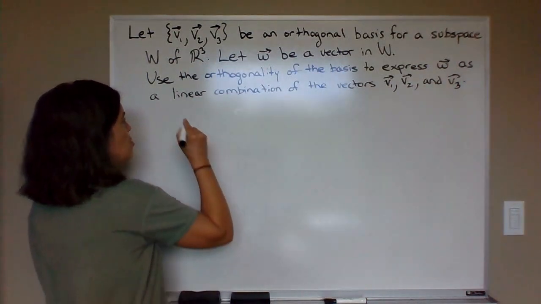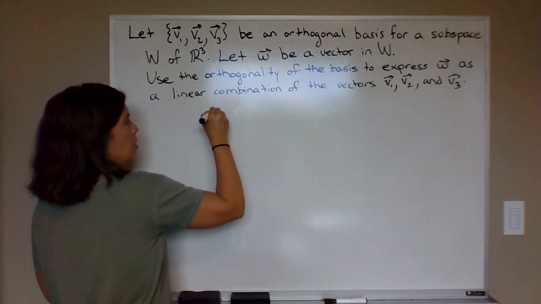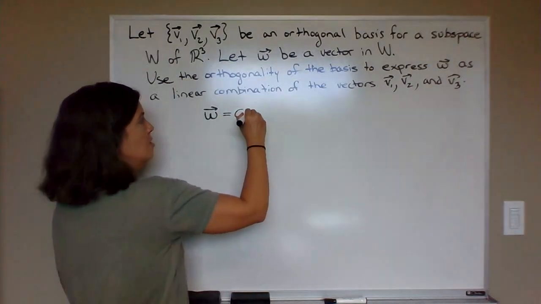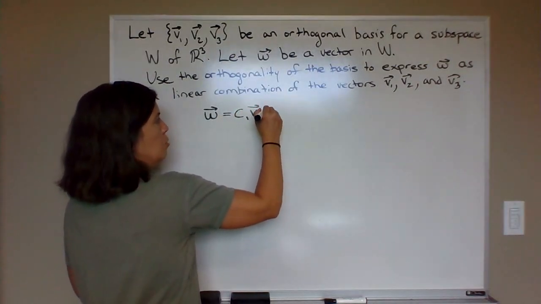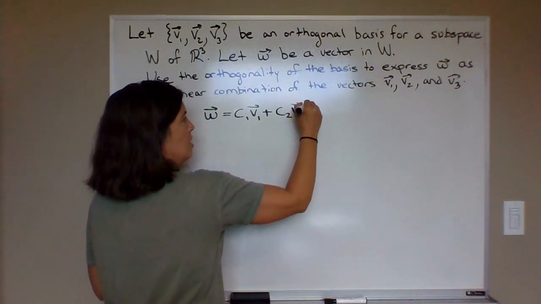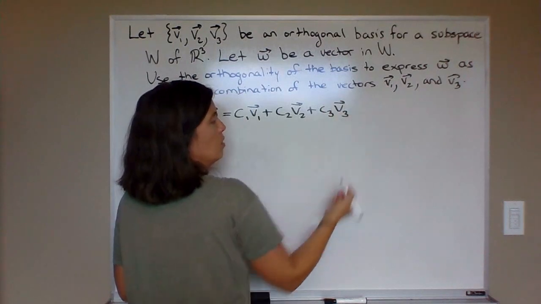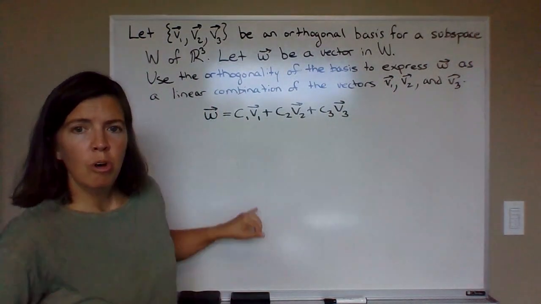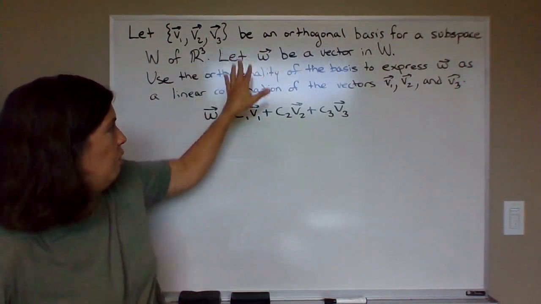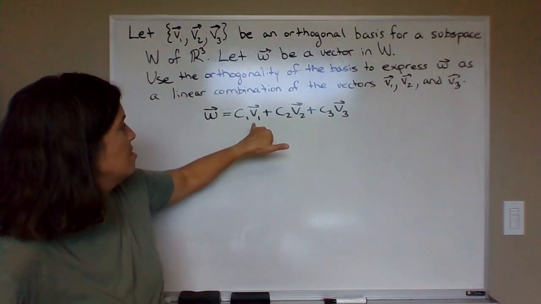Okay, so the mission here is to express w in the form some scalar, we'll call it C1 times vector 1, plus some scalar, I'm going to call it C2 times vector 2, and then some scalar C3 times vector 3. In other words, in this scenario we have a specific vector w and a specific basis, V1, V2, V3.